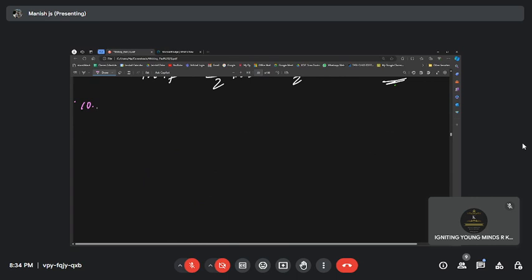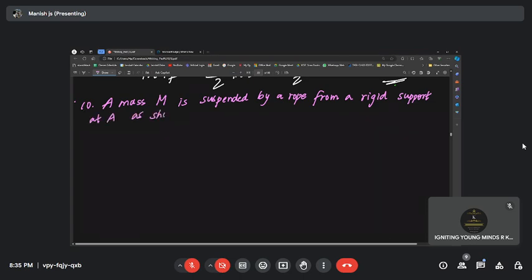Okay, moving on. So a mass capital M is suspended by a rope from a rigid support at A as shown.